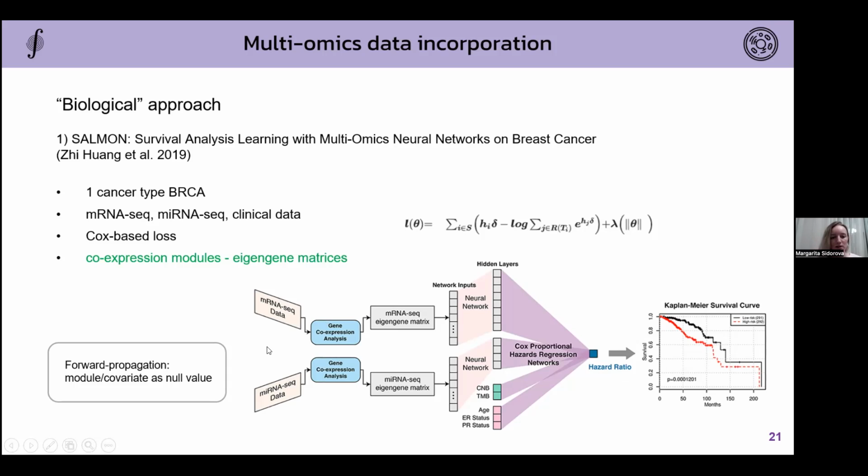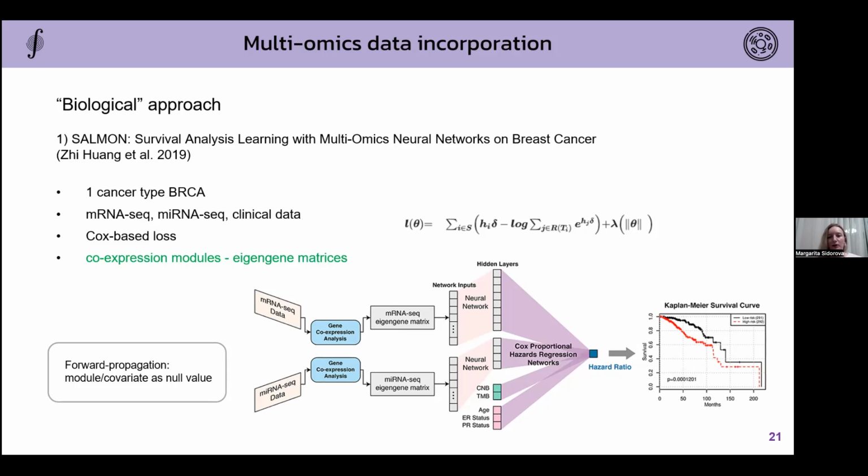In this article, they used not the backward propagation as in the article we talked about before, but the forward propagation. So they just assigned some modules and covariates. These were like two different steps in how they did it. At first, they assigned modules null values and understood which modules were important, which modules of co-expression.